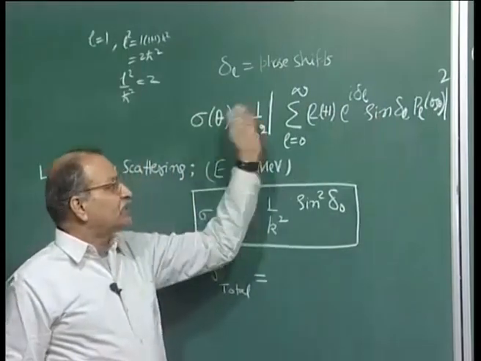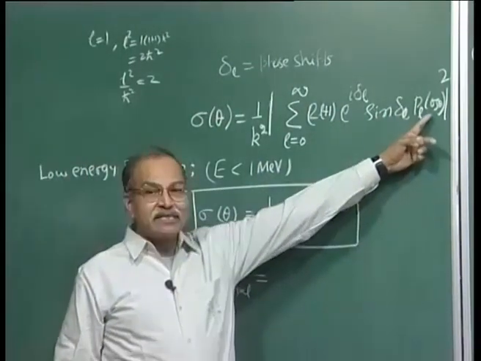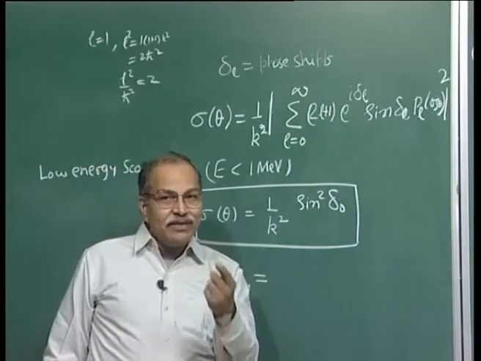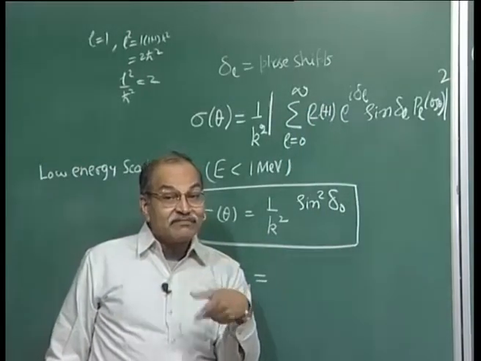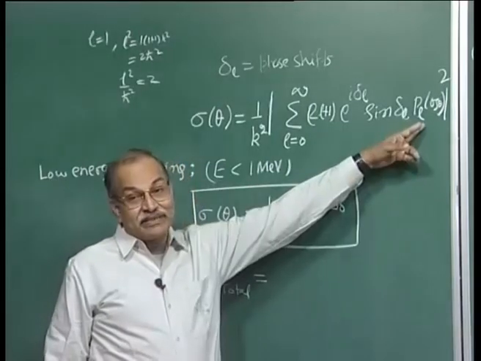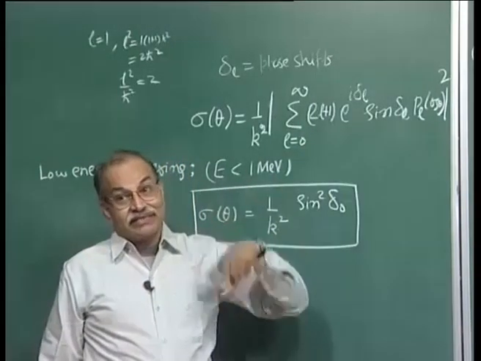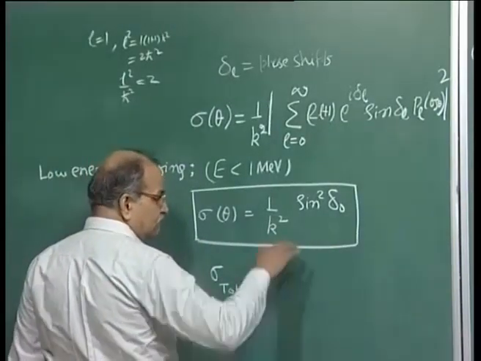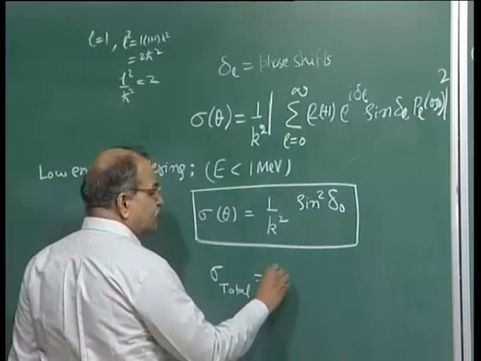Normally it should depend on theta, and that dependence is here, but if you are in low energy, so that only L equal to 0 is operative, then there is no theta dependence, the scattering is isotropic, and in that case the total will be just integrating over all solid angles. So, 4 pi.